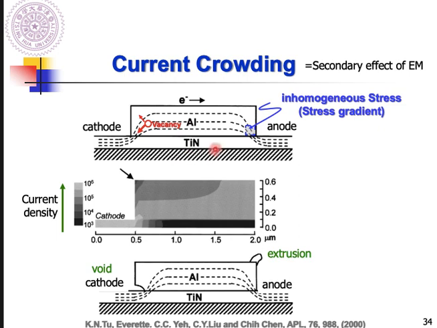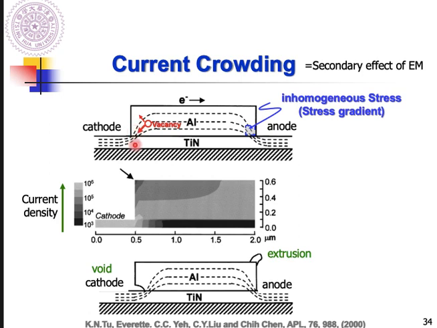And we know the electron flow will go to the right-hand side. That will result in lots of atoms accumulating at this region, and that probably will lead to the extrusion, right? In the meantime, the vacancy will accumulate near this region, right?